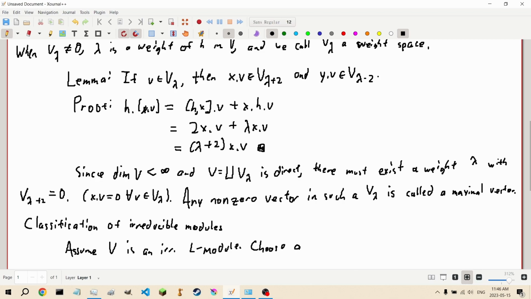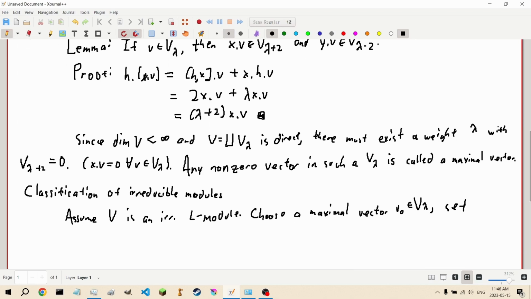Choose a maximal vector, say v naught in our V lambda, and we're going to set v sub -1 equal to 0 and v i equal to 1 over i factorial times Y to the i acting on v naught.